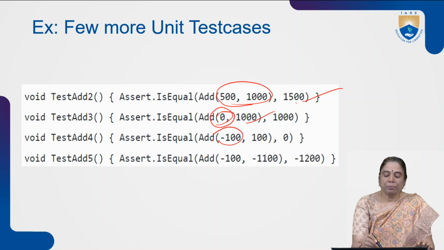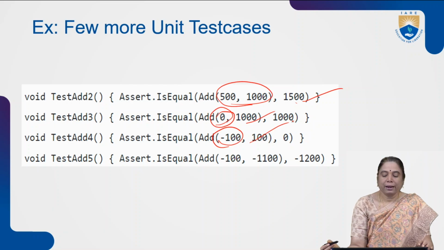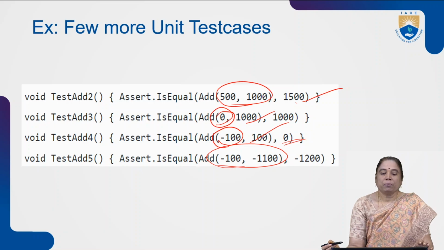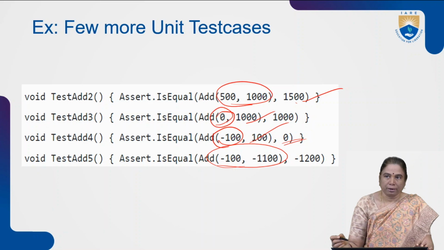The first variable possesses a negative value, minus 100, and the second variable is 100. Whether they produce the sum as 0 or not can be verified, and both the values can contain negative values. So a variety of possible input domain values must be substituted for the variables, checking whether the unit code is correctly functioning or not.